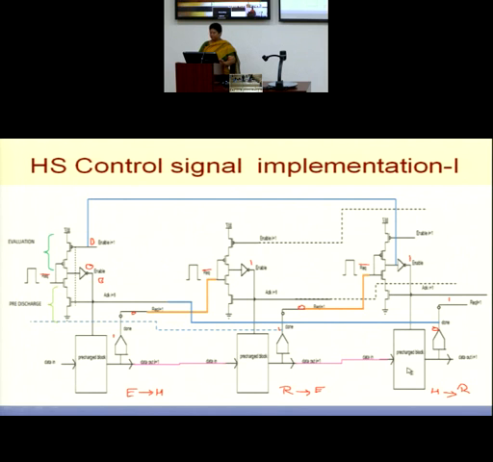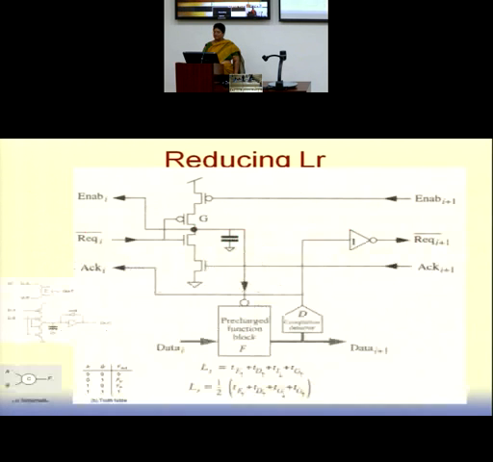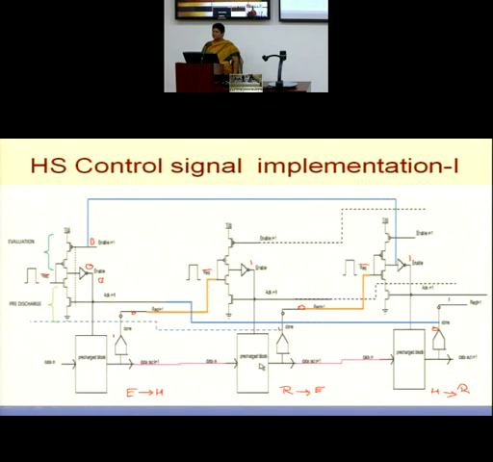So what I say now is, do not delay evaluation of a stage until the successor has finished pre-charging or resetting. Do not delay. My operation says that you can evaluate this only after this finishes pre-charge. I say no. Do not delay the evaluation of this block till this completes pre-charge.